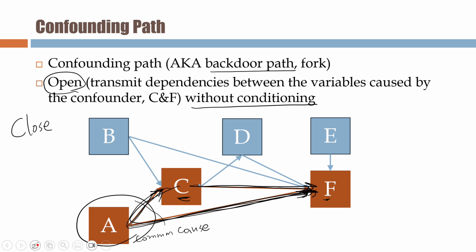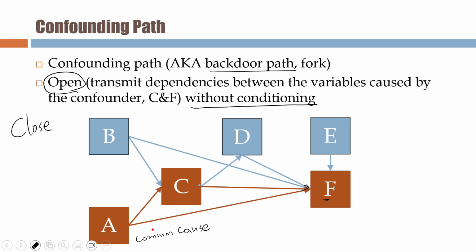Look at the relationship of A, C, F. What are you expecting? Since A is a common cause, C and F will have some correlation. That's what I mean by open.